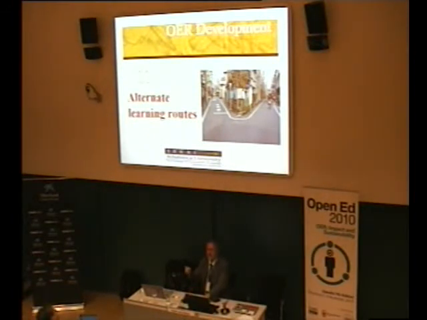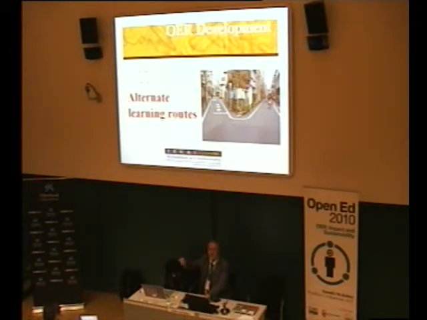And have alternate learning routes. You hear people all the time talking about learning styles. The idea that one person has a learning style is a load of nonsense. I get fed up of hearing it. But what they're doing with learning styles is creating different paths to learning. They do it because they think there are different types of learner. There aren't. There are different learning styles, but you could have 3 or 4 of them yourself.